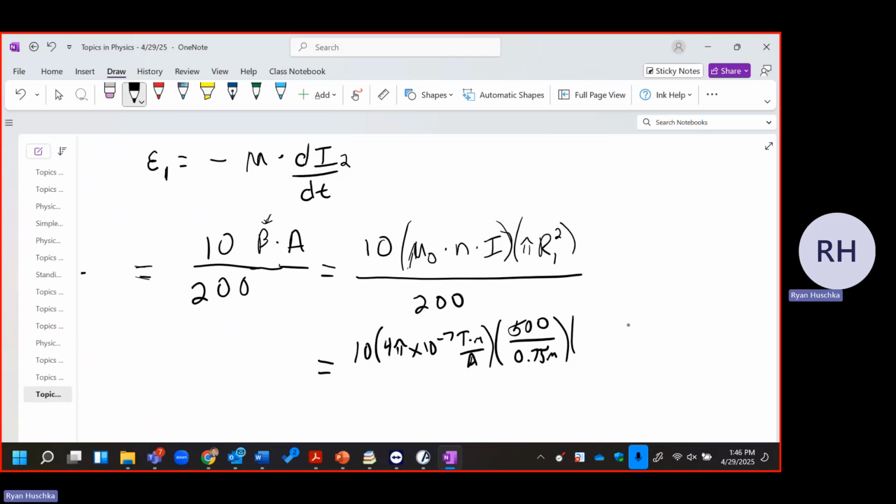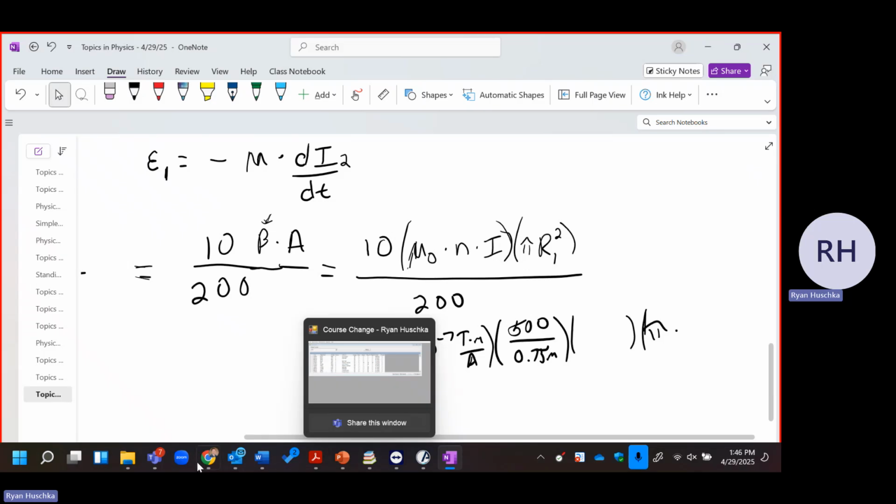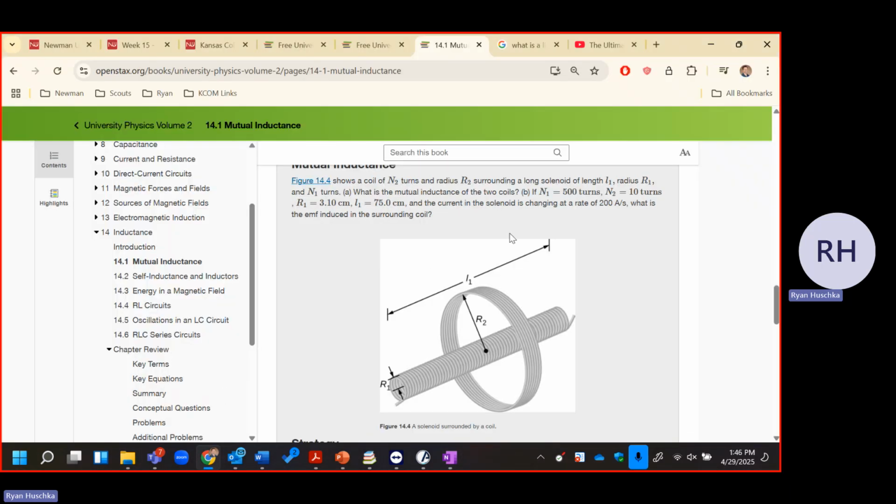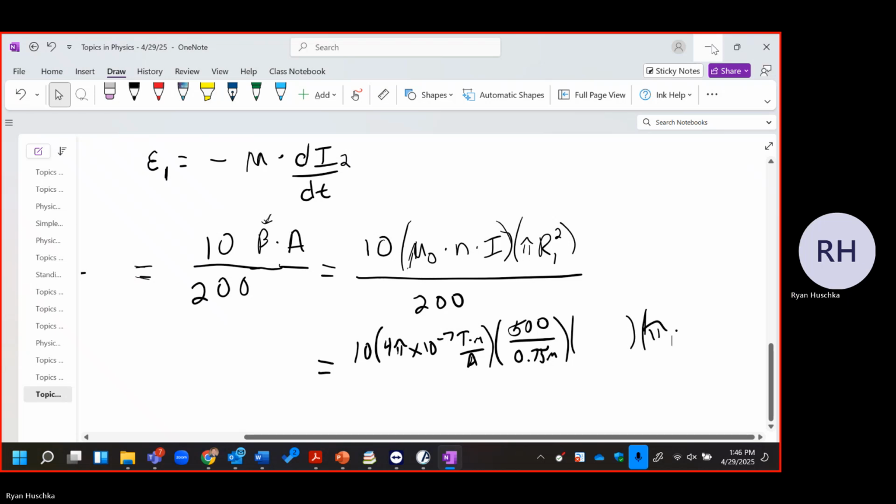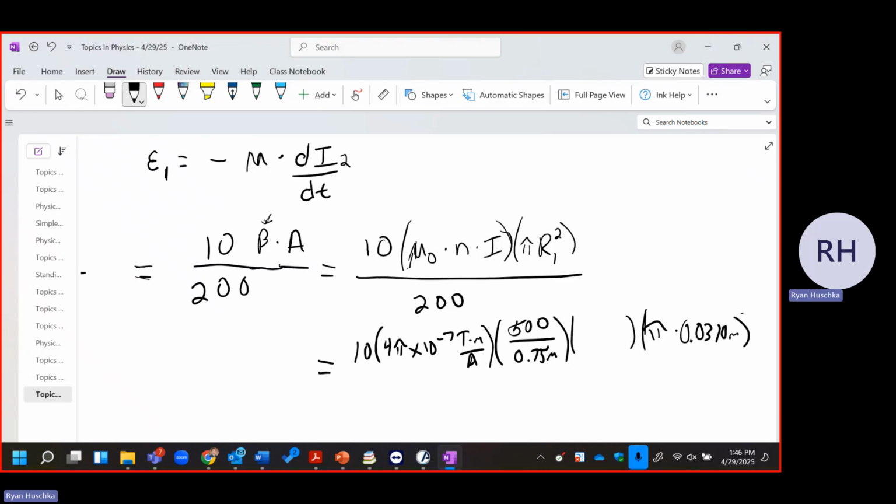Let's think about that for a second. Okay, we've got pi. What was our value for our inner radius? That was 3.10 centimeters. Okay, so we'll put 0.0310 meters, and we've got to square that.